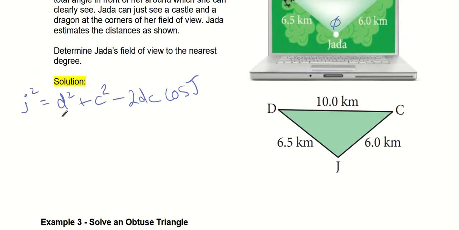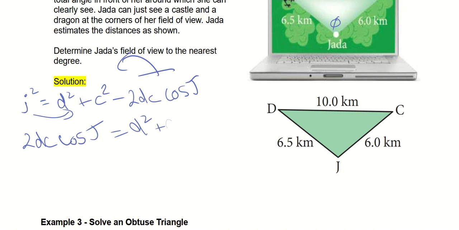So I'll show you how to rearrange the equation. What I'm going to do here is grab this entire term and bring it to the other side of the equation. So now it's positive: 2dc cos J equals d squared plus c squared minus j squared.